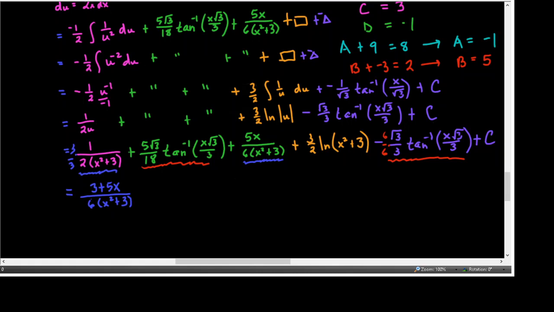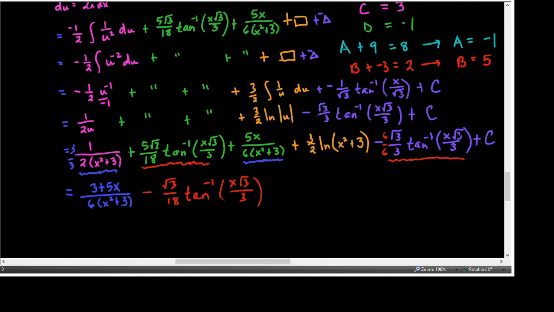So I'll have 5 square roots of 3 minus 6 square roots of 3, which is minus a single square root of 3 over the denominator 18, tangent inverse of x square root of 3 over 3.